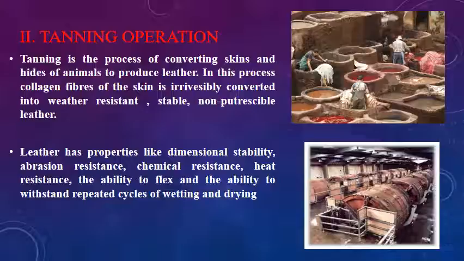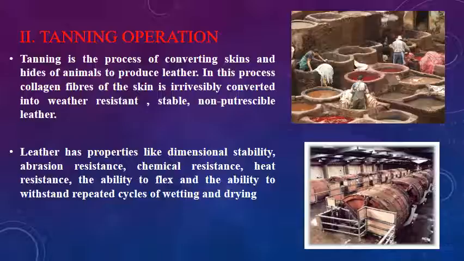It is a process where there is an irreversible chemical reaction with the collagen and strong bond formation, and after this irreversible conversion it develops strong properties and a special quality, and then we call it leather. Leather has properties like dimensional stability, abrasion resistance, chemical resistance, heat resistance, the ability to flex and the ability to withstand repeated cycles of wetting and drying.